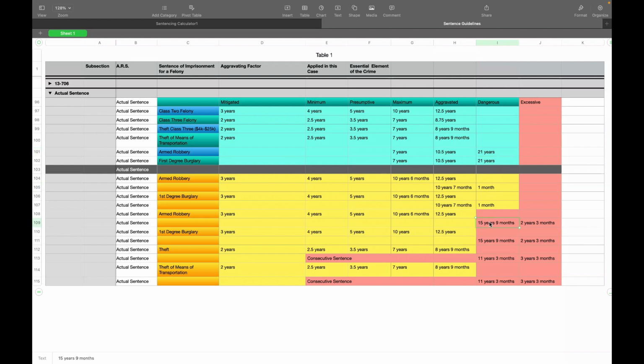For the armed robbery here, he received 15 years, 9 months, which is 5 years and some change over the presumptive. No mitigation seems to have been considered, because the sentence only increased. So it's excessive by 2 years, 3 months.